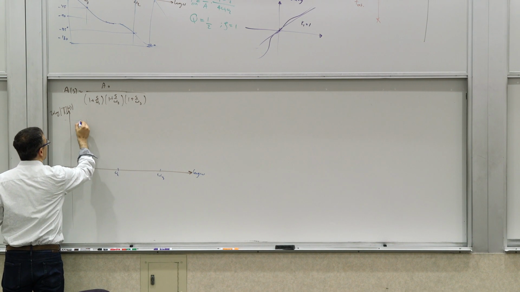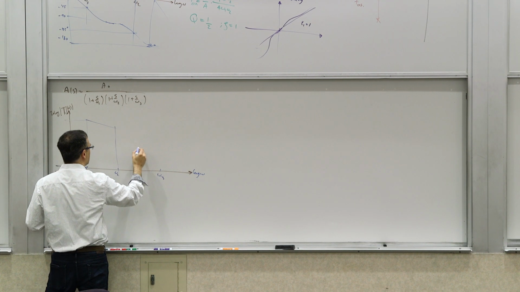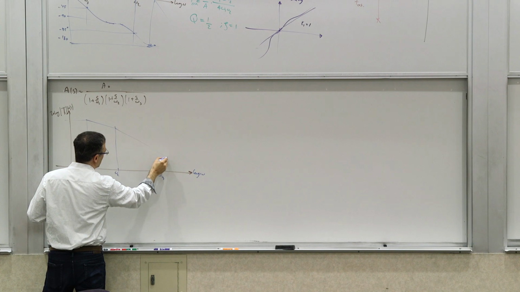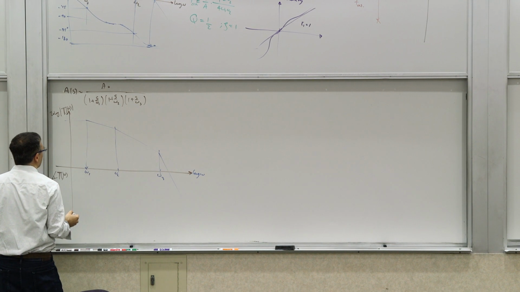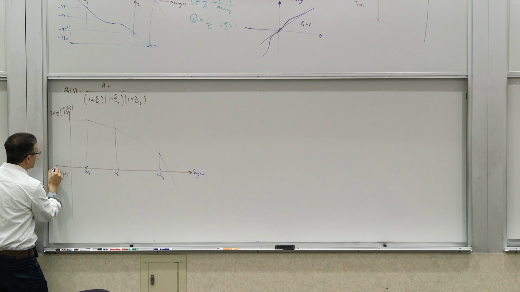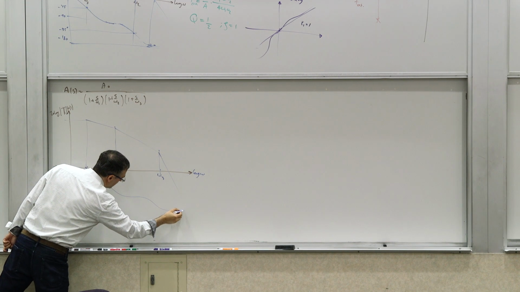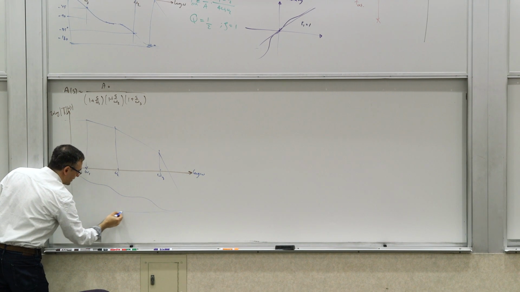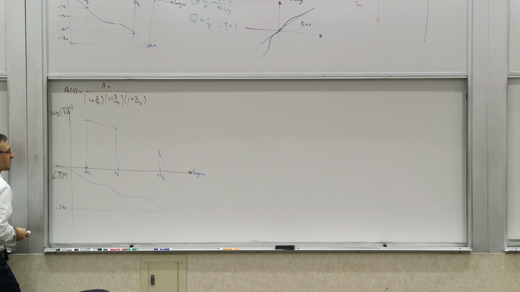You have something that's flat here, then you go to the first slope, you start at 20 dB per decade, you drop at 40 dB per decade, you drop at 60 dB per decade, and so on and so forth. And your phase starts from here, here, here. So asymptotically, if there are no zeros in the transfer function, you get to negative 270 degrees.